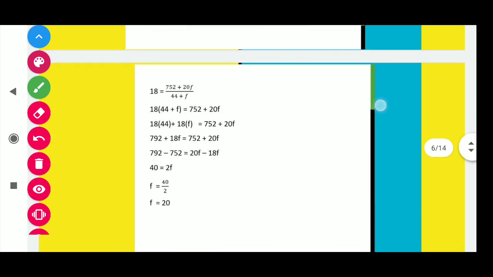Now by solving this, doing cross multiplication, 18 into 44 plus 18 into F is equal to 752 plus 20F. 18F taken to the right hand side, we get 2F, and 752 moved to the left hand side, we get 40, and 2 moved to the denominator, we get F is equal to 20.